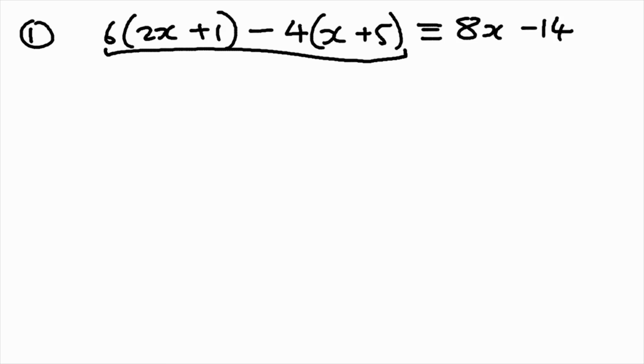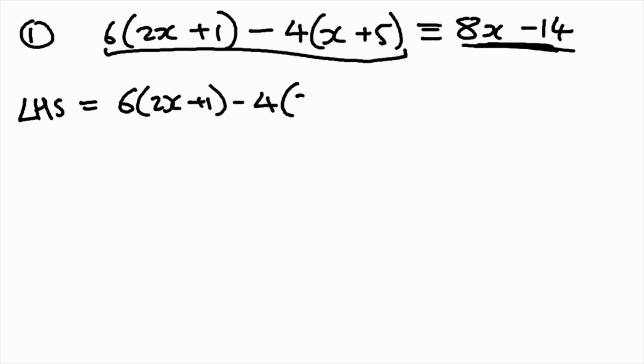In this example, we're going to manipulate the left-hand side and somehow get it to being the right-hand side. So the left-hand side, 6 lots of 2x plus 1 minus 4 lots of x plus 5, we're going to manipulate to try and get it to the right-hand side.